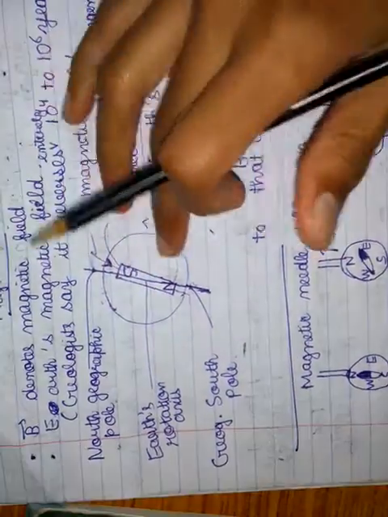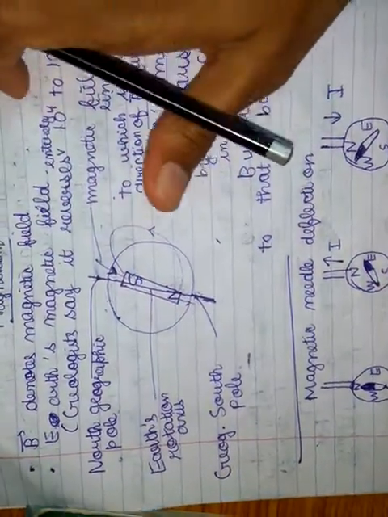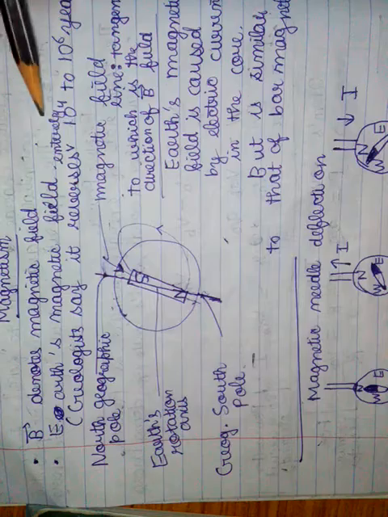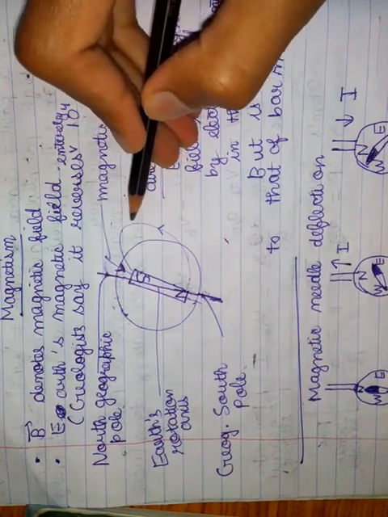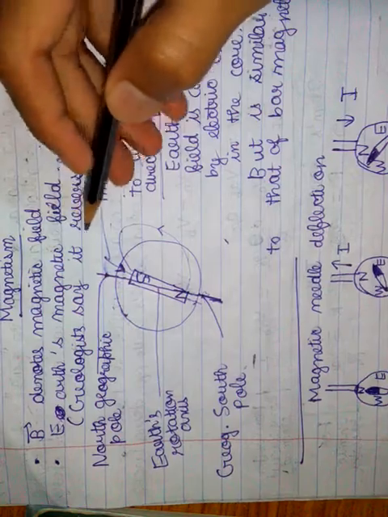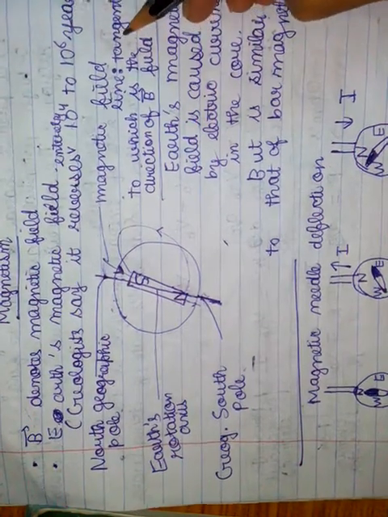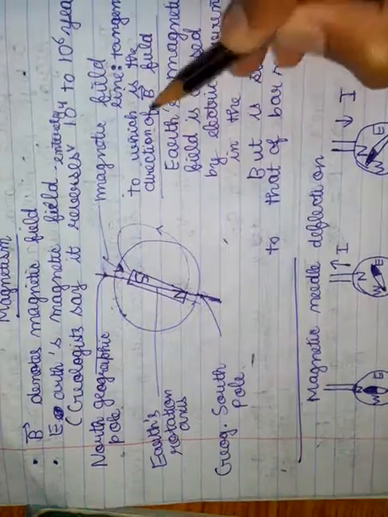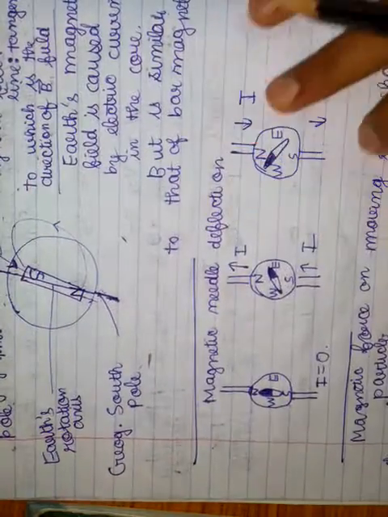That is, the field lines would always be closed. What are field lines? Just like electric field lines were the lines whose tangent pointed in the direction of the electric field, similarly the magnetic field lines are the lines whose tangent points in the direction of the magnetic field. Okay, I hope that much is clear.